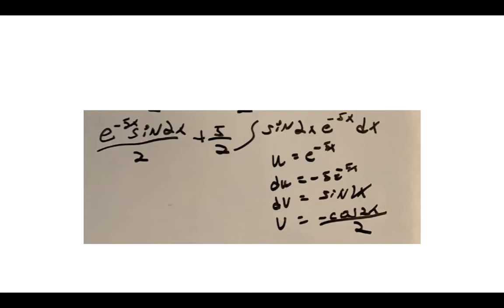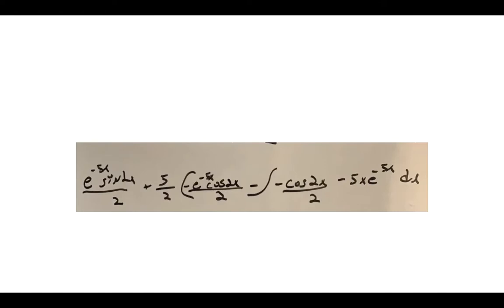We plug into the formula, uv minus the integral of v du. Here is our uv, and here is our v du.